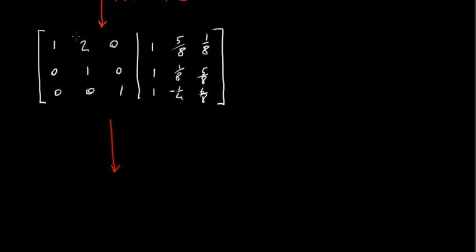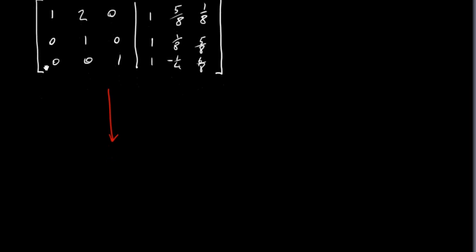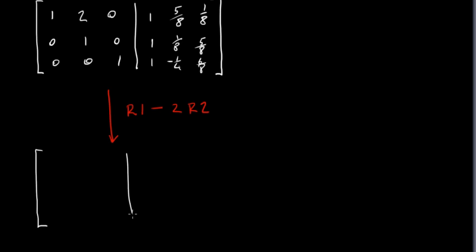So the last step, I just have to turn this 2 here into a 0. So what I'm going to do here is take row 1 and subtract twice row 2. So row 1 minus twice row 2. Okay, hopefully this should be it.